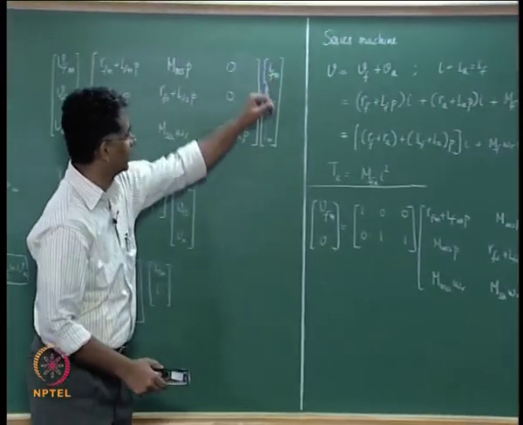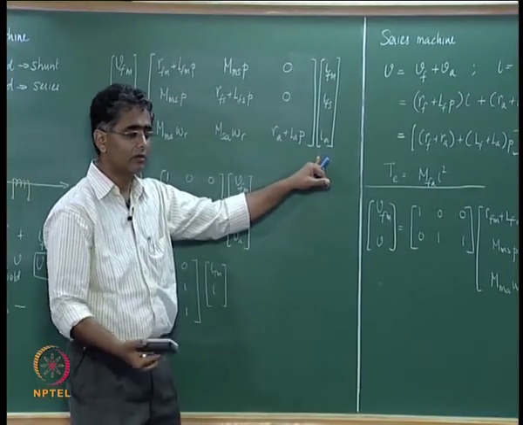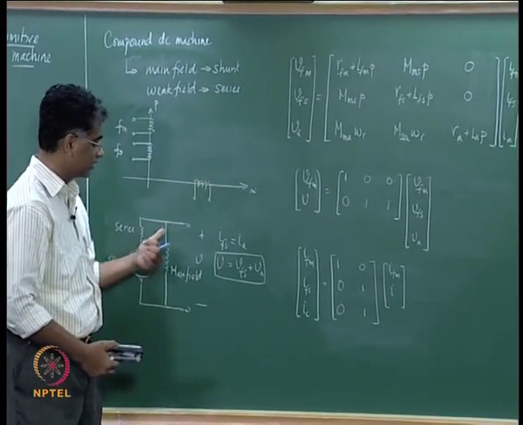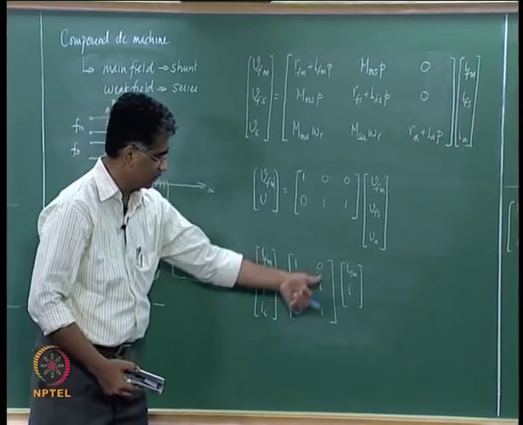And then you have this vector in terms of the net input currents that are flowing, that is, the armature circuit current and field current, that expression we have already derived.